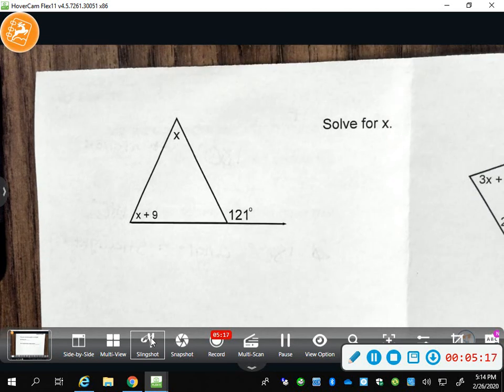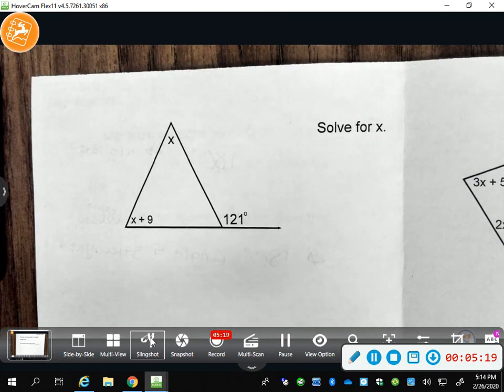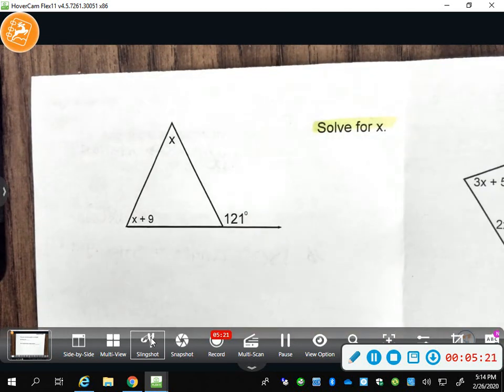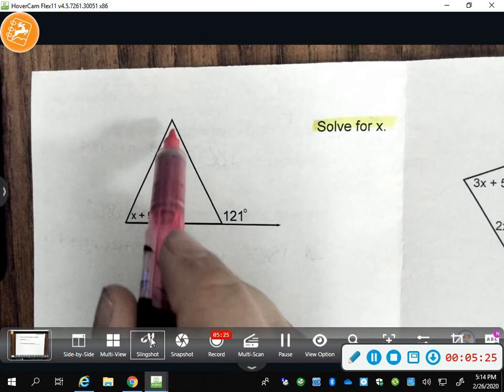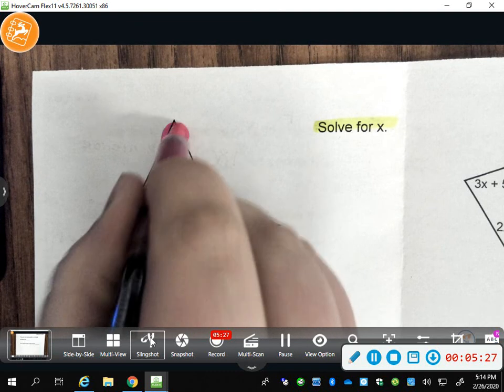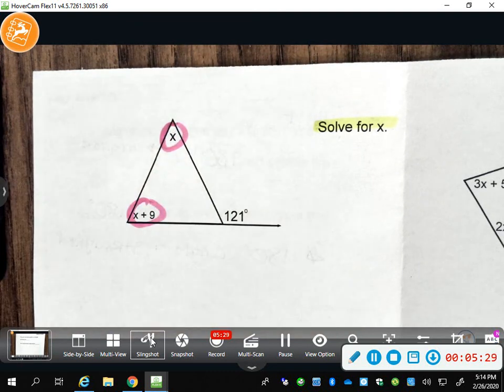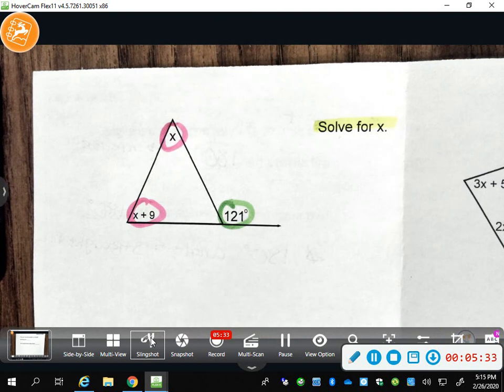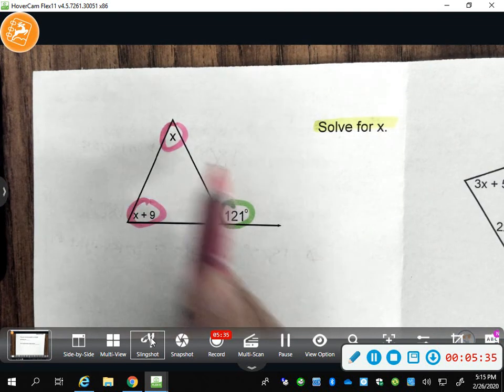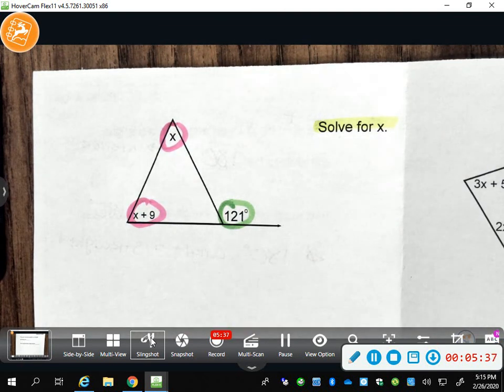Looking at the top left example, my goal is to solve for x. I'm going to see that I have 2 inside angles and I have 1 outside angle. My 2 inside angles are opposite from that angle on the outside.